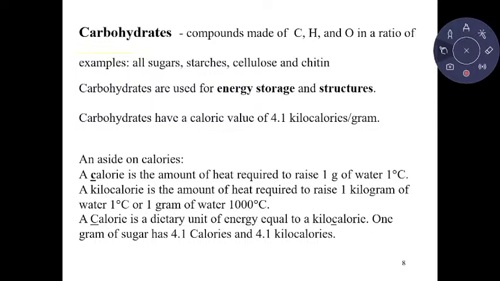This is not a component, this is an element, the main element present in the living system. They exist in different types of compounds made up of carbon, hydrogen, oxygen, examples like sugar, starch, cellulose, and chitin.